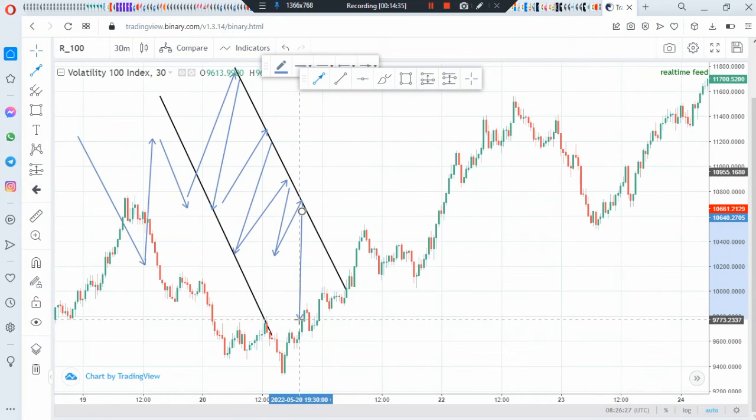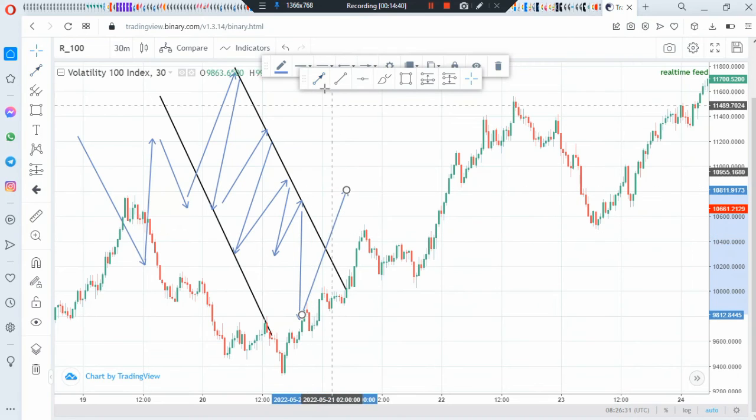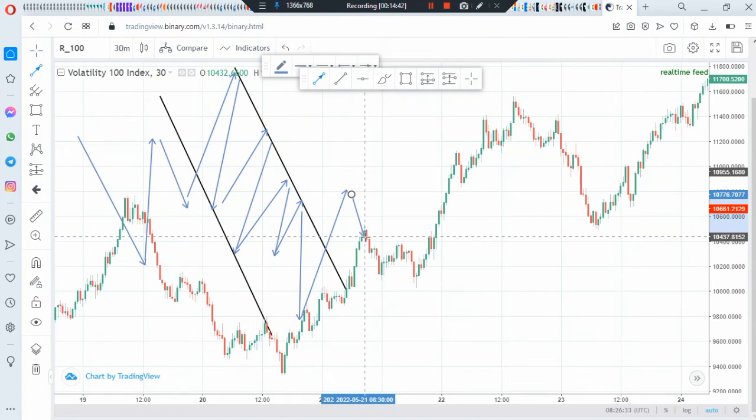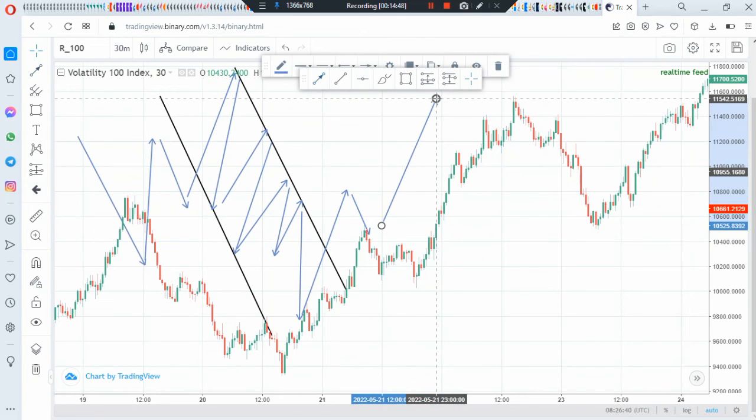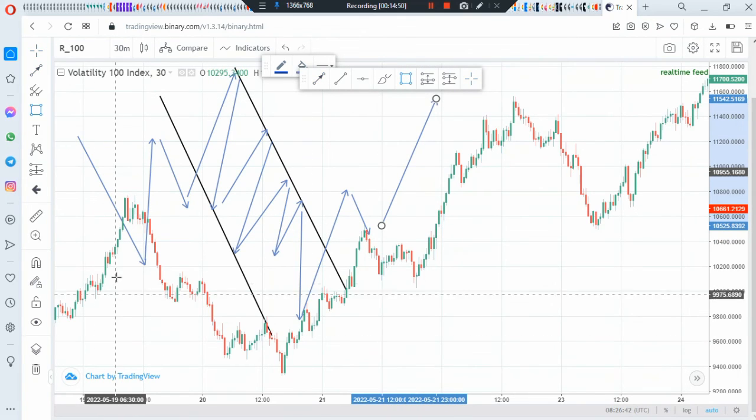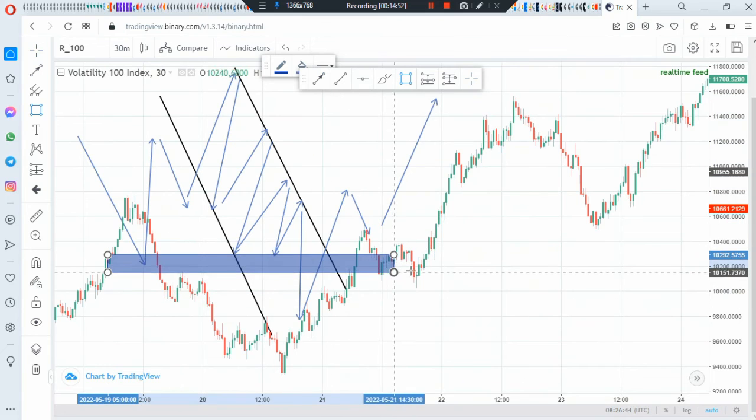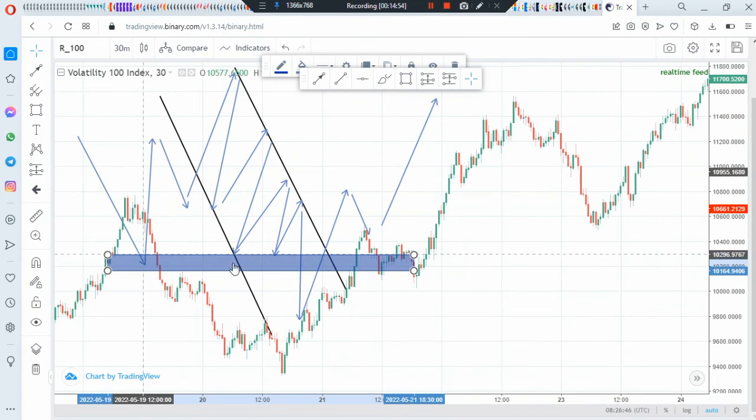Then it came below, then maybe went up again, maybe did this, and finally did this. So this will be your area. As you can see, this was touched 1, 2, 3.